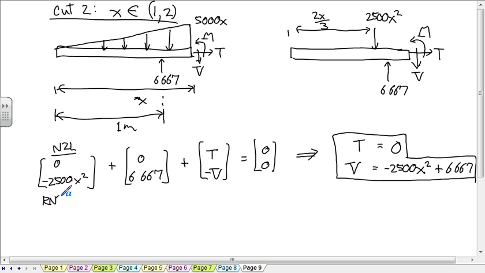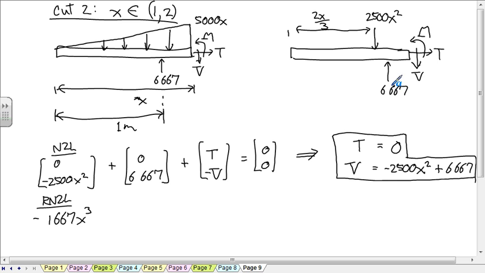And the rotational equation. So we have a clockwise moment of 2x over 3 times 2,500x squared. So that's the same thing it was last time, minus 1,667x to the third. Then we have a counterclockwise moment produced by the 6,667.